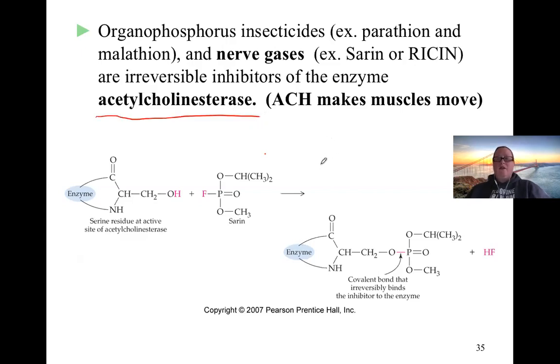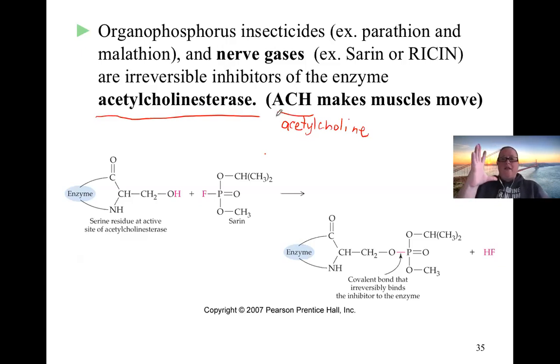So let's look at acetylcholine and acetylcholinesterase in our bodies. Acetylcholine, and this is how it's spelled, and this is its abbreviation, makes muscles move.